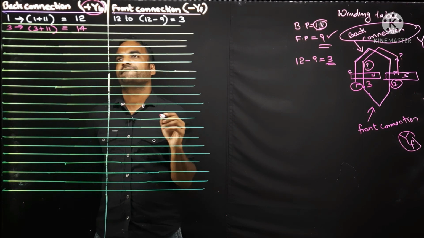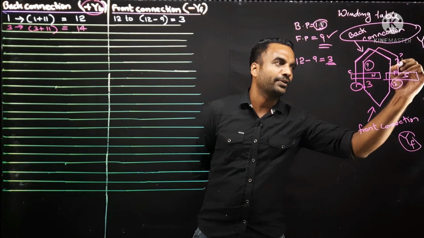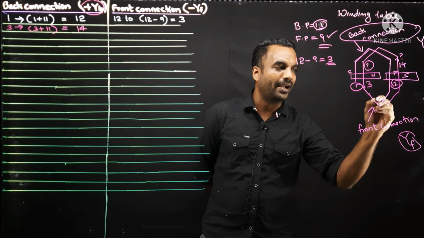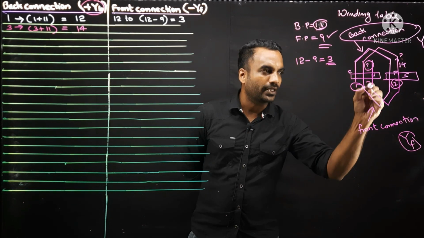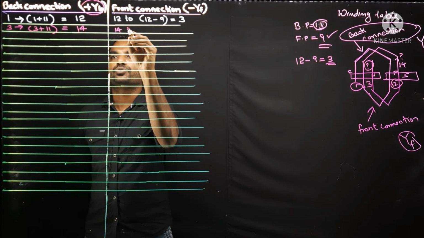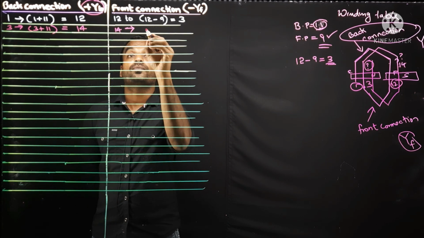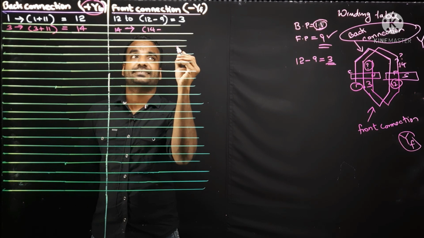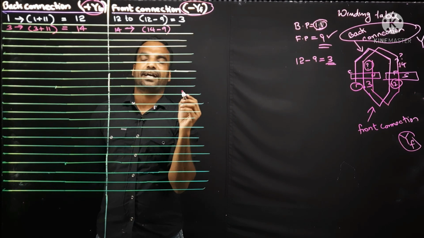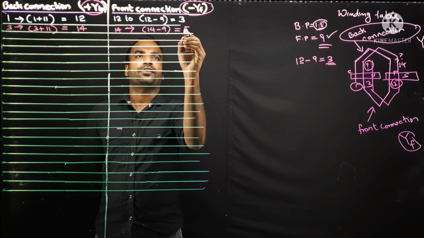Here we are now standing at 14, the 14th conductor. Now we want to come back to a new conductor. What is the number of that conductor? That is 14 to, or you can use an arrow mark, 14 minus the front pitch YF. 14 minus 9 is equal to 5.